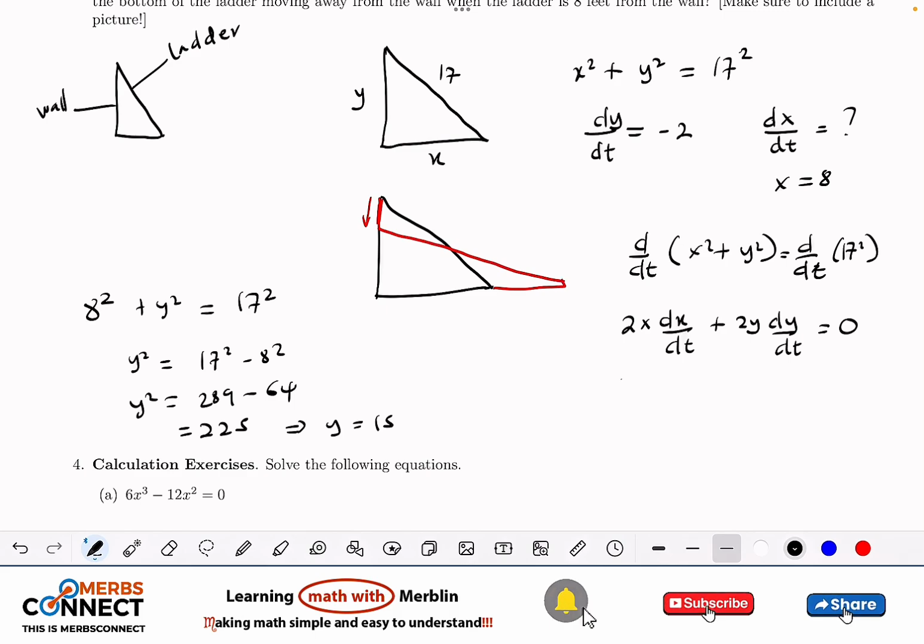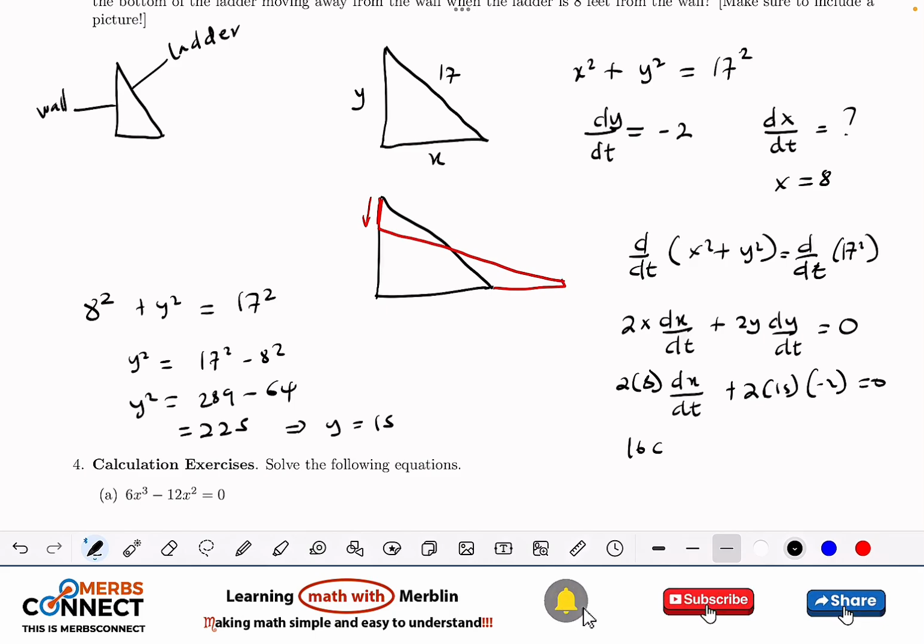So let's do the substitution. 2 times 8, we are looking for dx over dt, plus 2 times y. Y is 15. And we know dy over dt, which is minus 2, which is equal to 0.